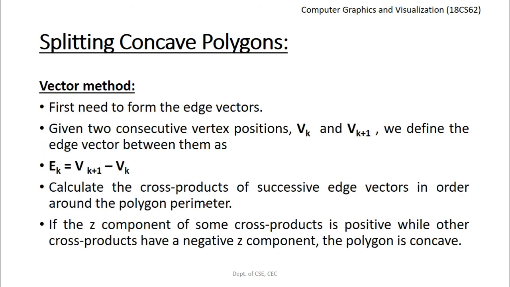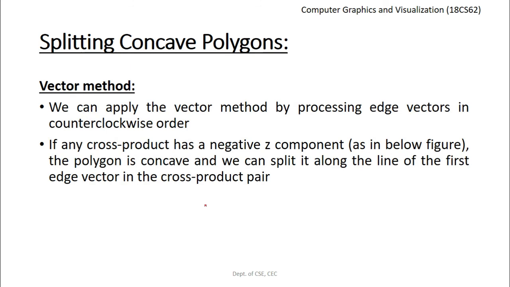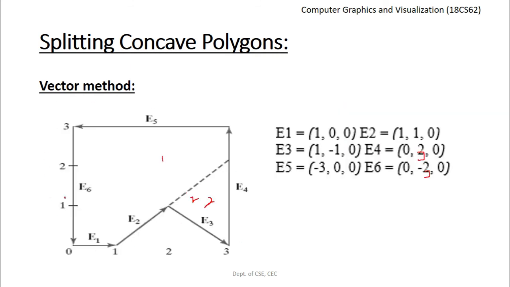That is one method. We call this method the vector method. So what do we do in this vector method? Suppose we are given this polygon. We first determine the edge vector for each of the edges, and then we find the cross product of the adjacent vectors in a clockwise or counterclockwise manner.